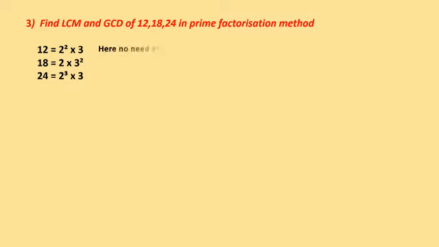Here there is no need to equate the factors because all the numbers consist of the same factors. So just by comparing, we can write LCM and GCD according to their rule.